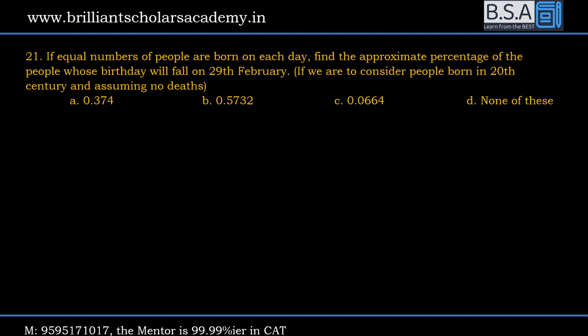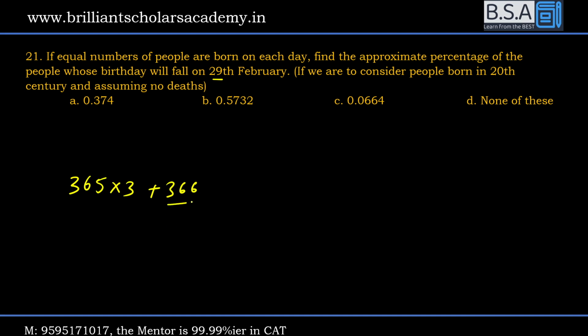First of all, 29th February, do we see 29th February in every year? We see 29th February in every fourth year. So what I will have to do is, I want somebody to be born on 29th February. If it is a normal year, there are 3 normal years and then there is 1 leap year.